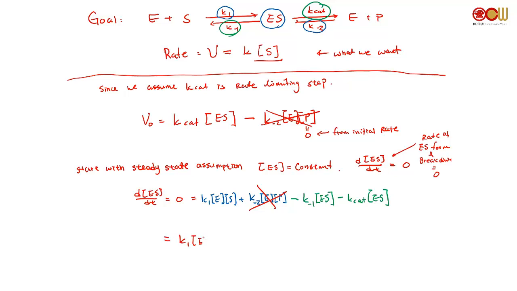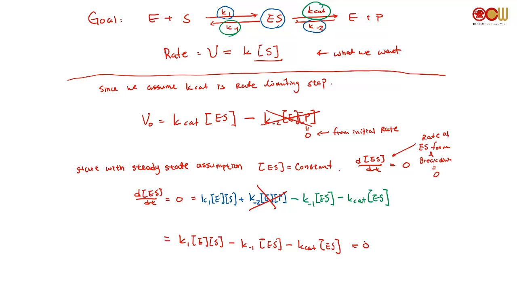So the equation simply becomes k_1 E S minus k_-1 ES minus k_cat ES, and this is equal to 0. That simplifies it. Now we're going to do some rearranging so that we have a better expression.